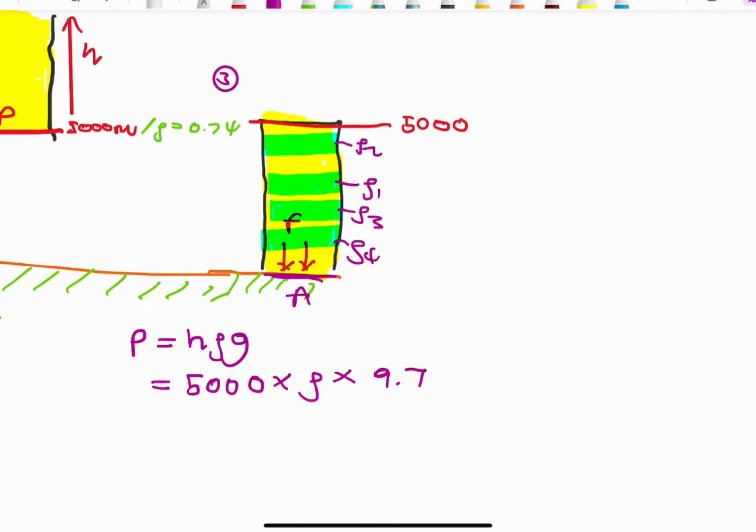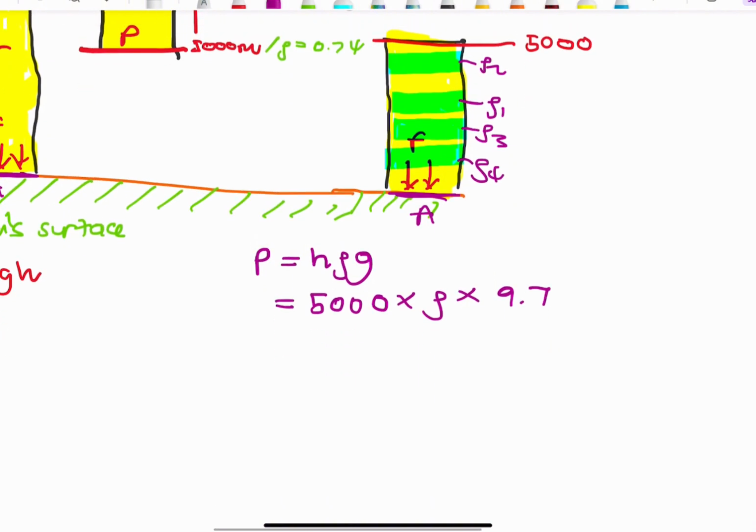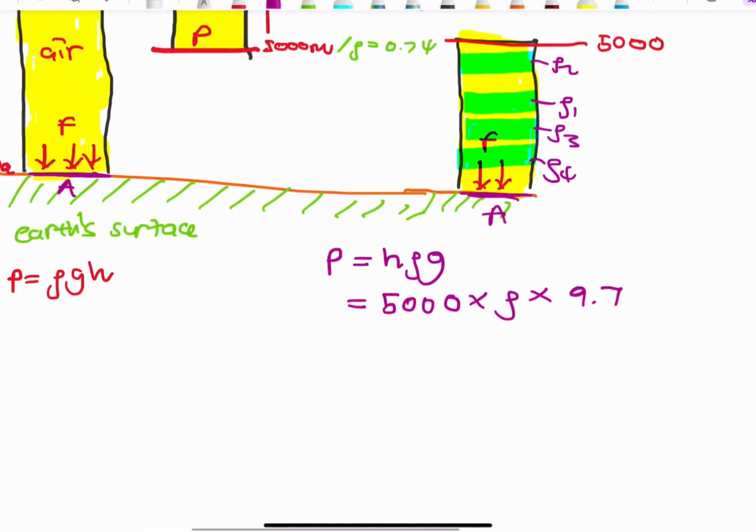So what do I do? I find the average. If at that point it is 0.74 and at the ground it is 1.22, the air in between has to be an average of that. On average, it's going to be 1.22 plus 0.74.